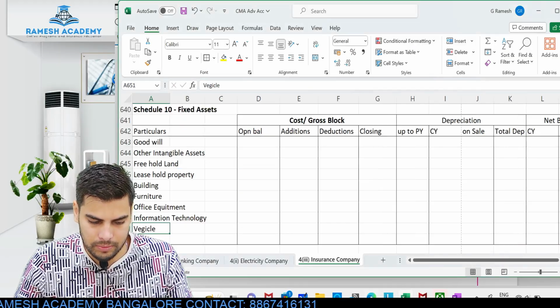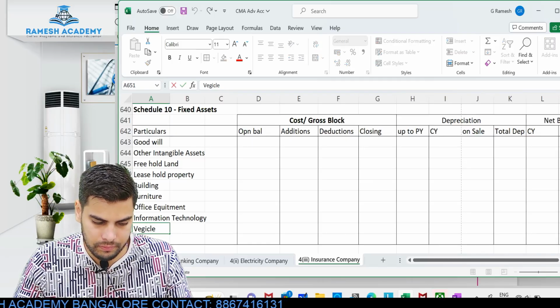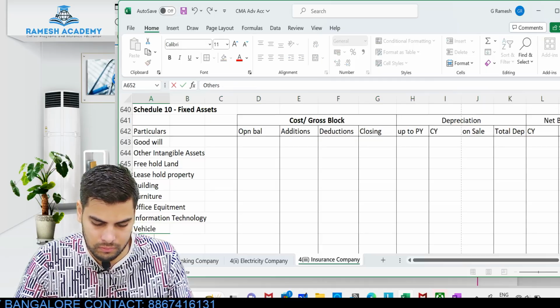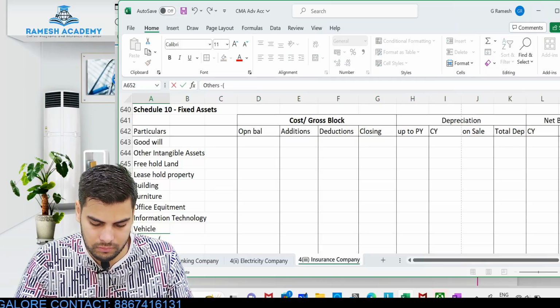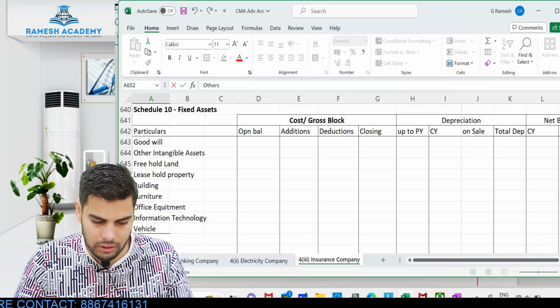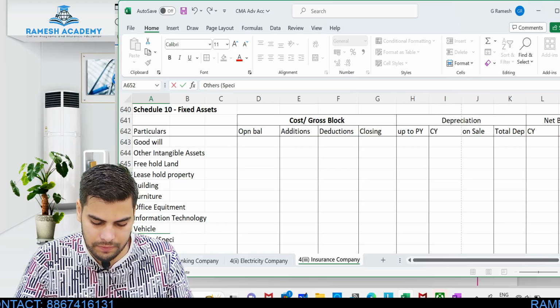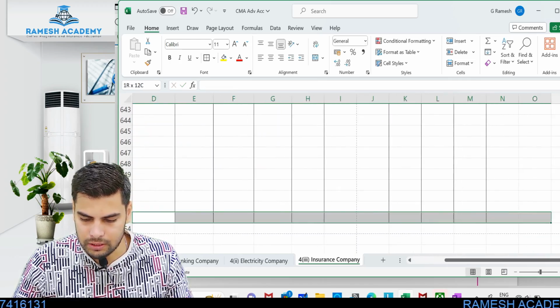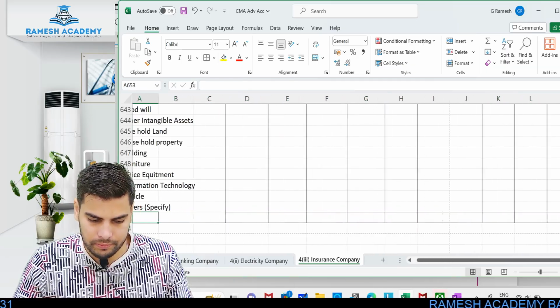Others, specify. In case there is any other fixed asset, just specify the nature of the same. Simple. After this you just need to write the total.